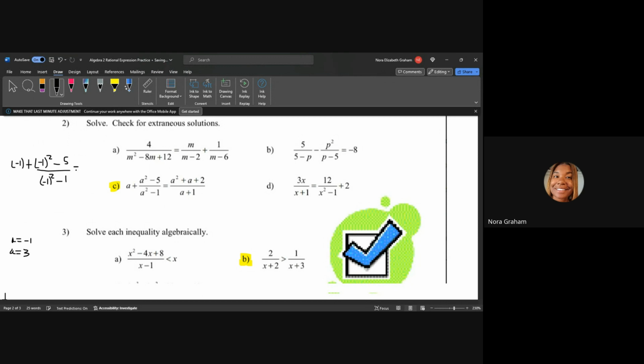It's going to equal negative 1 squared plus negative 1 plus 2, and then over negative 1 plus 1.